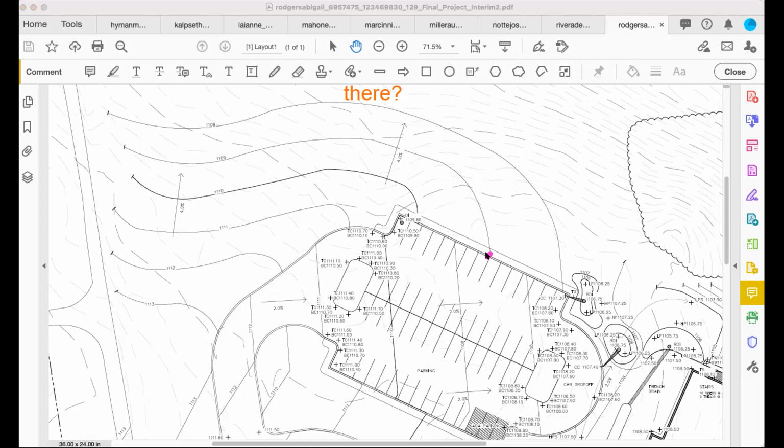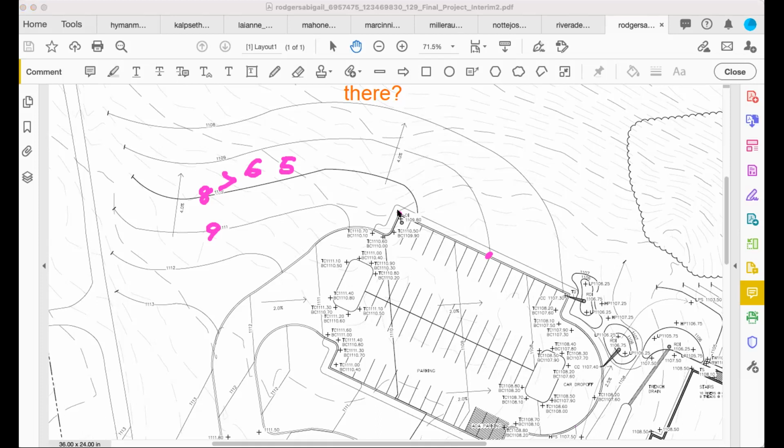I want to try to connect back to the 9 over. This is 10. This is 5. 6, 7, 8, 9. So yeah, it does take quite a bit of moving contours.